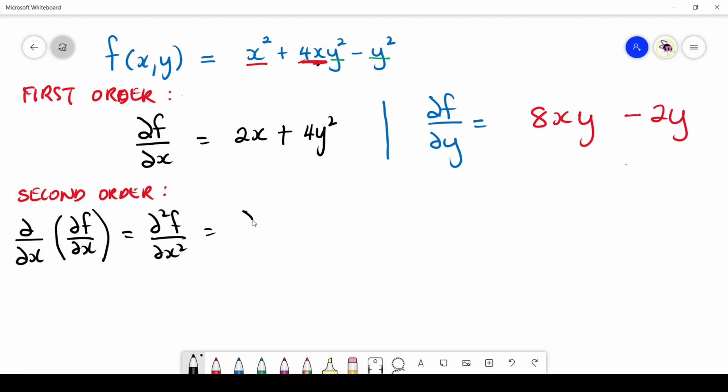Well, if you're differentiating something and that something has been previously worked out, you can just write it in your brackets as follows. So I have just simply replaced this with its value. And you can see that we are differentiating this with respect to x.